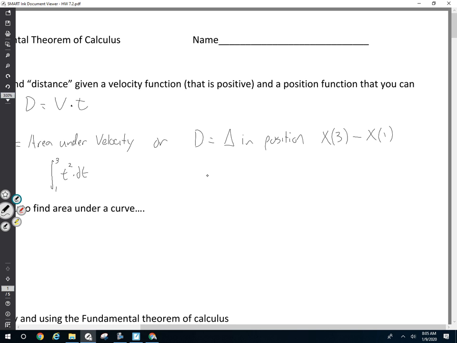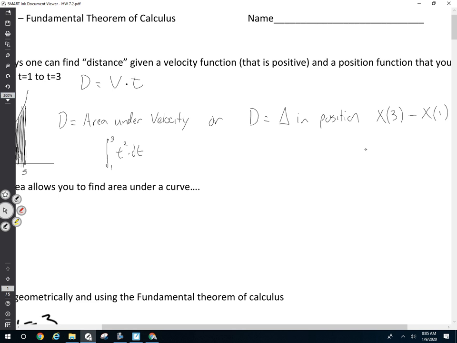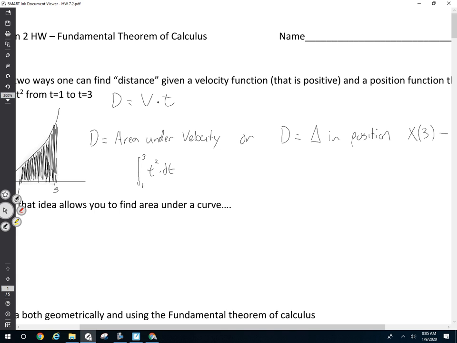Now what we find is that if we take the antiderivative of v to get x, it would be 1/3 t cubed plus c. And it's like, oh, they didn't give me enough information to find c.